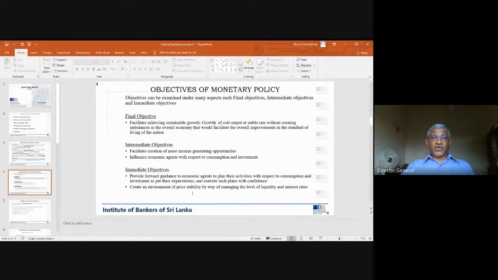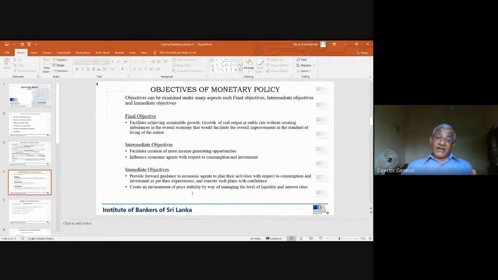You can import goods, let people eat and wear and all those things, and people can feel, okay, we are better off. But if they are not financed by the growth of exports, by earning foreign exchange, then you have to borrow. Borrowing again creates a problem because borrowing is a liability. So we can borrow from the external sector by importing more than exporting. There's a trade deficit. That is an imbalance.